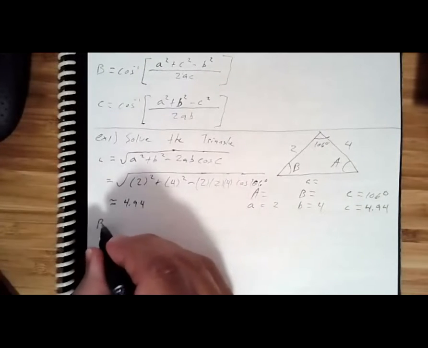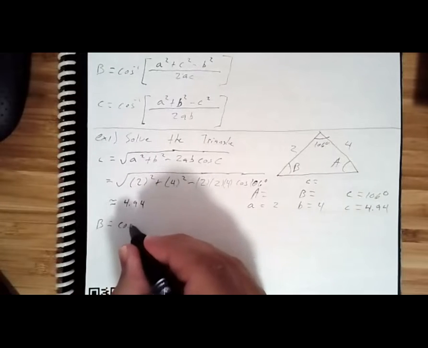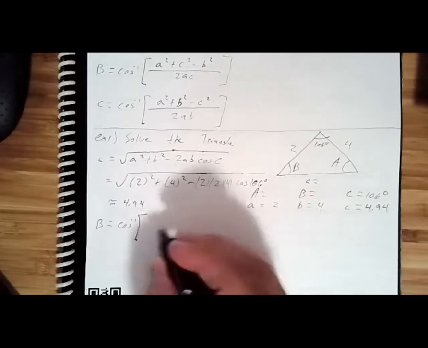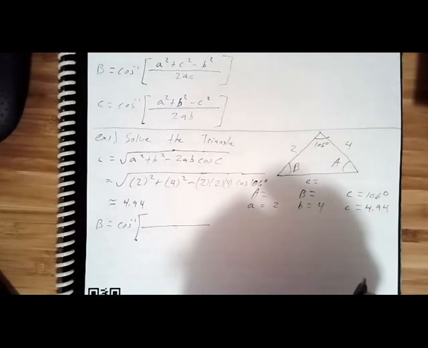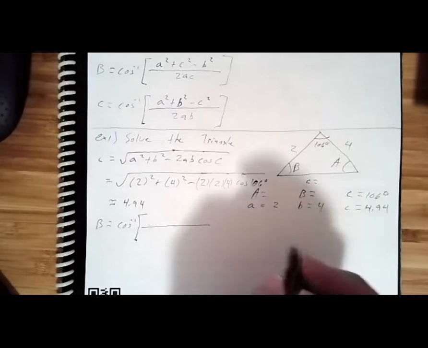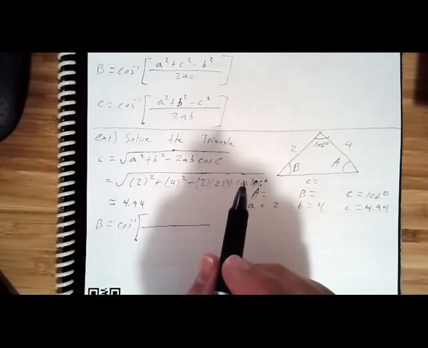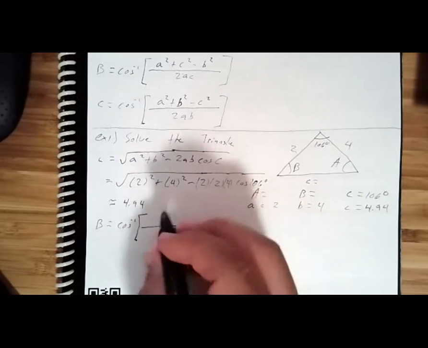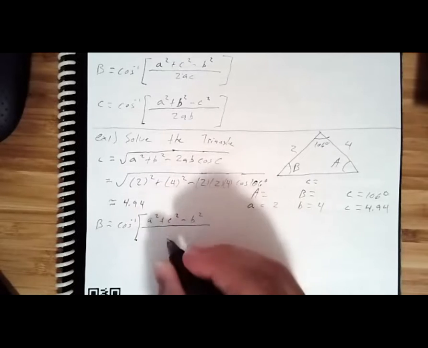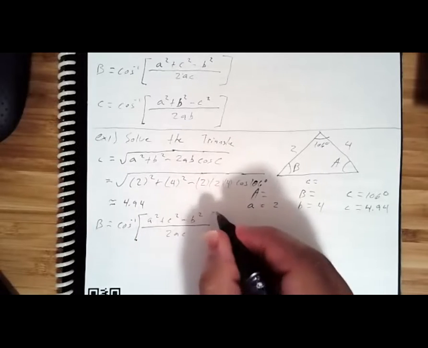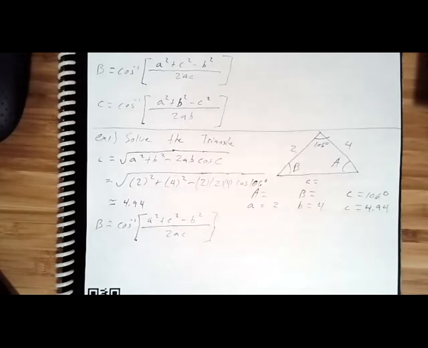Right, well, capital B is equal to cosine inverse of, where is it? Yeah, there it is. A squared plus c squared minus b squared over 2ac. This pen running out? Yes. Okay.